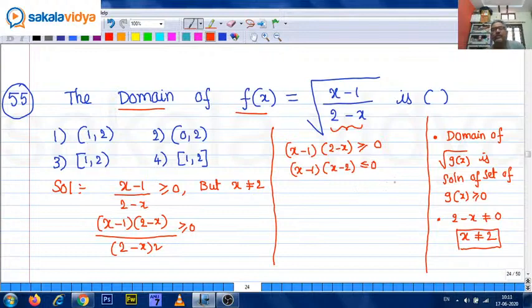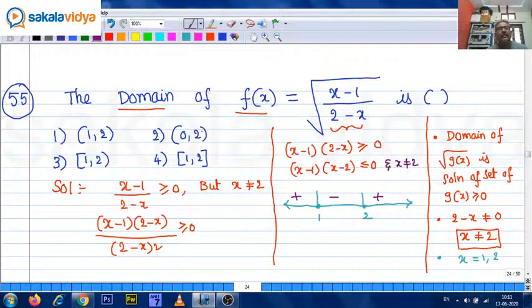So understood now. Actually, the critical points are x equal to 1 and 2. Take a number line. Here 1, this will be 2. I will write directly: this is plus sign, this is minus sign, this is plus sign. Less than or equal, but one condition is there: x does not equal 2.